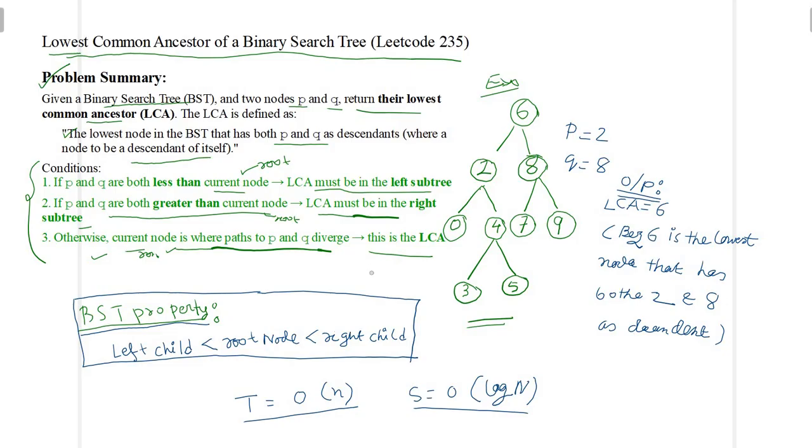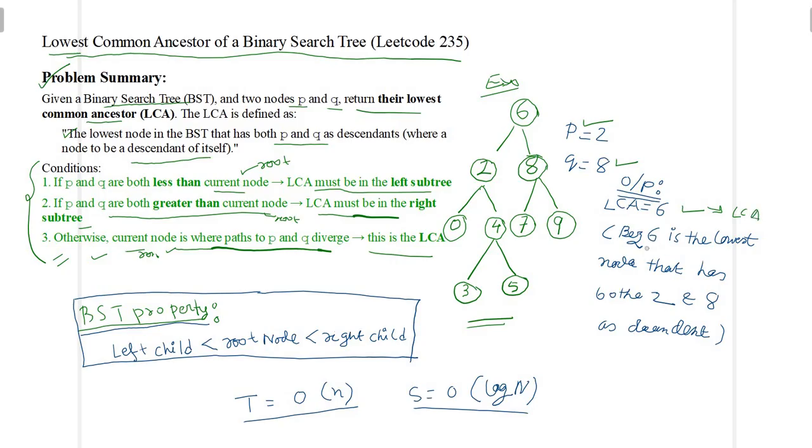In these three conditions, condition 3 is valid in our case, where P is 2 and Q is 8. So for this example the LCA is 6, correct?